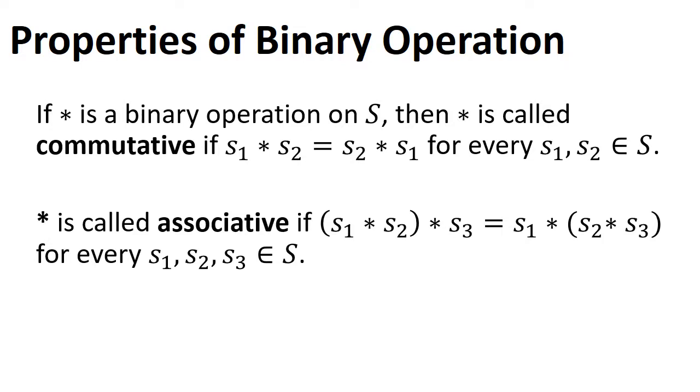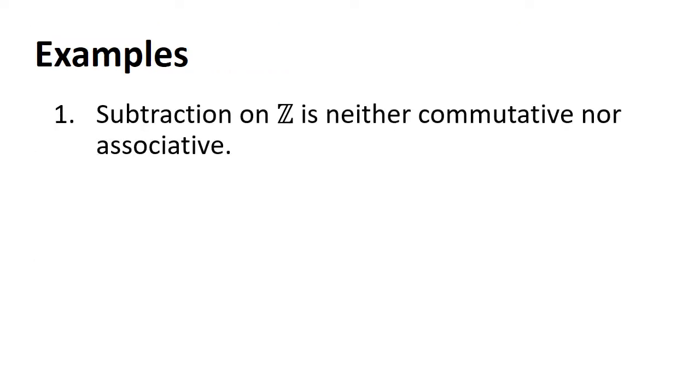Okay, let's try to have an example. Example number one: subtraction on Z, the set of integers, is neither commutative nor associative. Let's prove it. 1 minus 2 is not equal to 2 minus 1, right? Because 1 minus 2 is negative 1 and 2 minus 1 is positive 1.